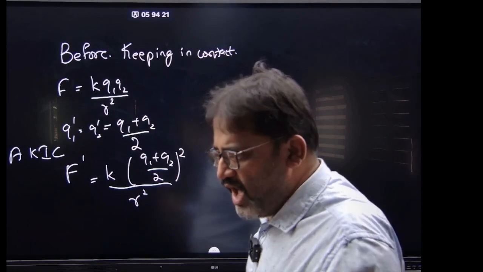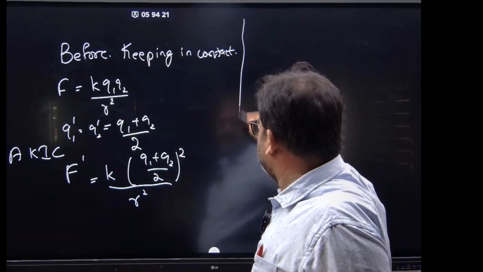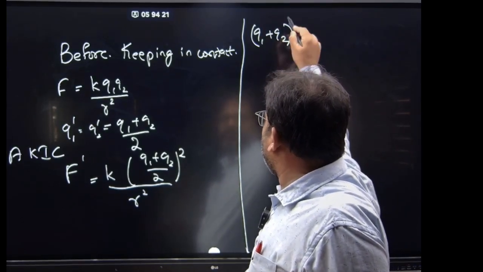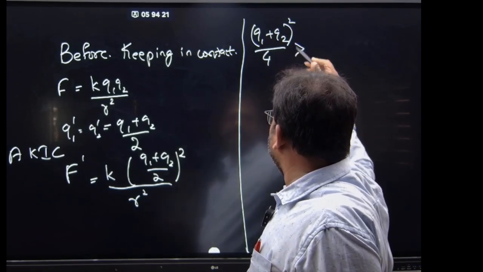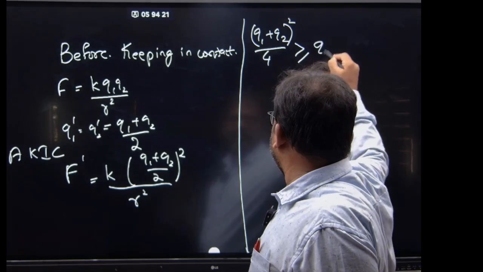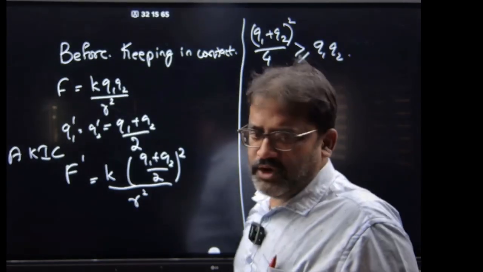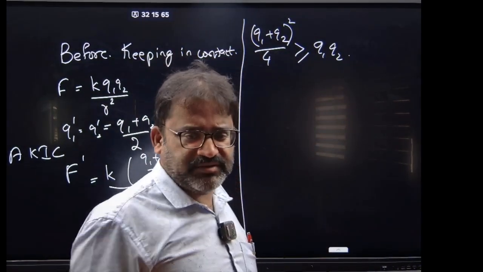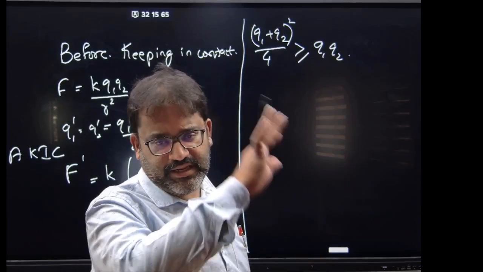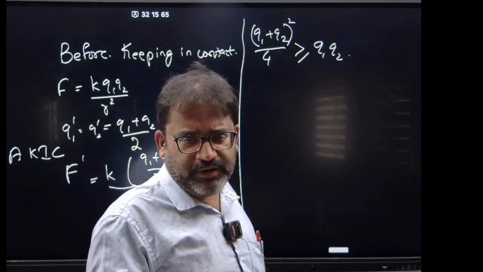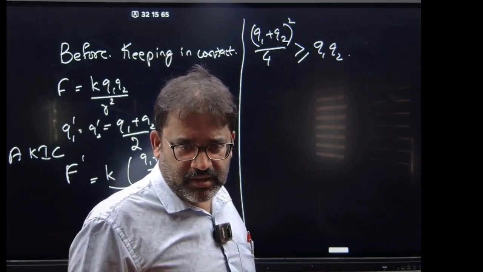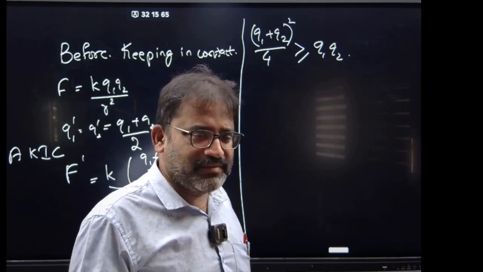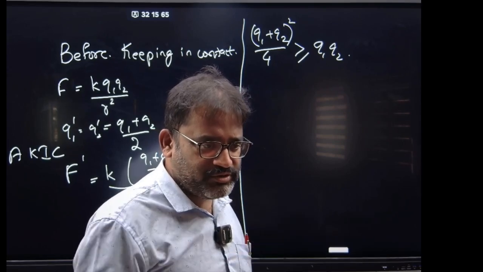Now remember that Q1 plus Q2 the whole square divided by 4 is greater than or equal to Q1 Q2. This is because of the relation between arithmetic mean and geometric mean. Otherwise, you have heard about AP and GP. What is AP? AP doesn't mean Andhra Pradesh. Arithmetic progression. Very good. What does GP mean?